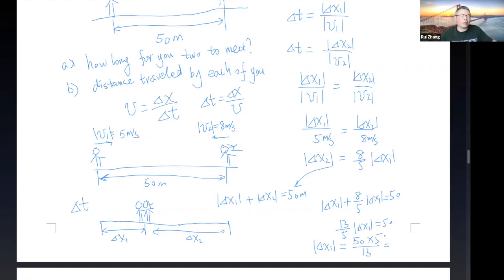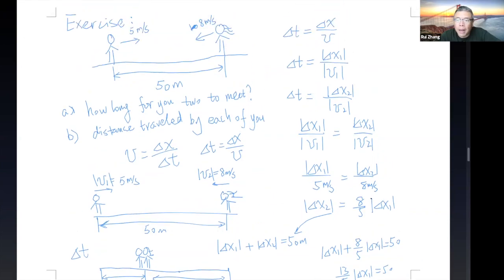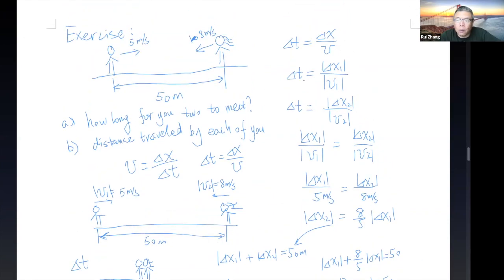So if you take a calculator, you get 250 divided by 13. That's like 19.2 meters for delta x1. Now you see back here, you know delta x1, you know v1, so you can calculate delta t.